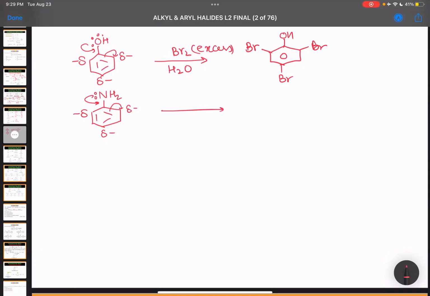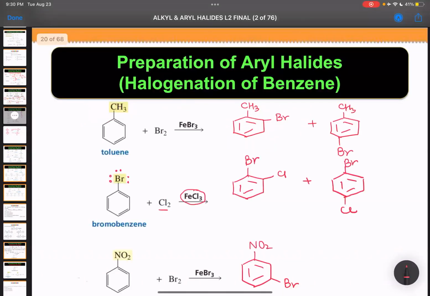Same is the case with aniline. For aniline, if you attach bromine, you don't require any Lewis acid. Even without the Lewis acid, the reaction happens at all the three positions simultaneously because these rings are very much electron rich. Is it clear?